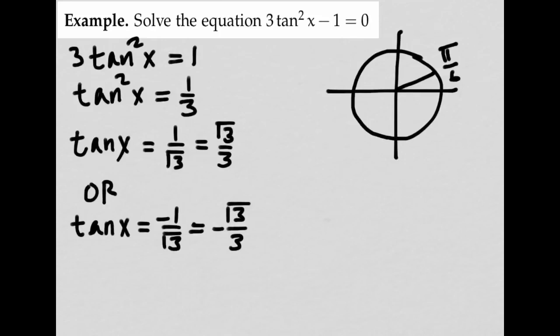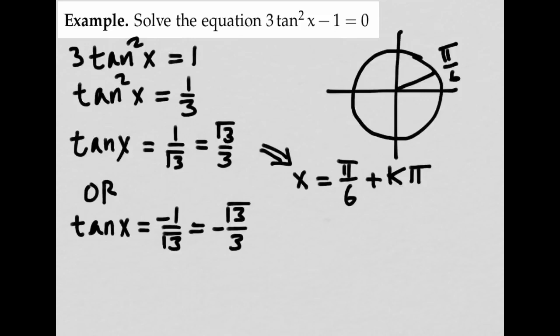So this tells us the first equation, tangent x equals root 3 over 3, gives x equals pi over 6 plus k pi. As I said, the tangent x function has period pi. That's why we put k pi.